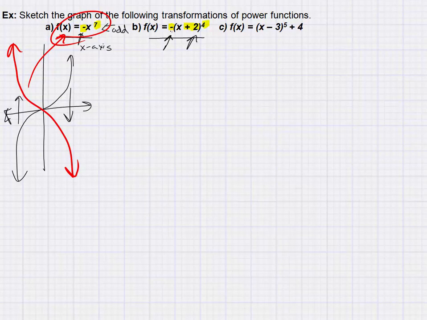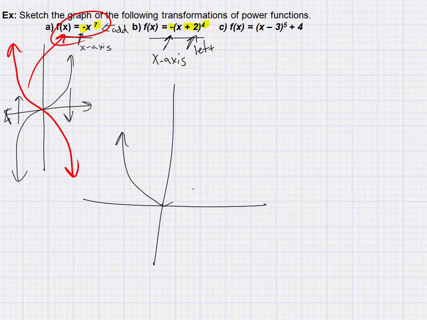Okay, so if I flip first, this is going to be flip over the x-axis, and this is going to move me to the left 2 spaces. Okay, so if I look at this, I got this parabola. Here's my parabola. This is my y-axis, this is my x-axis. I'm going to look at the even power, so that's a parabola.